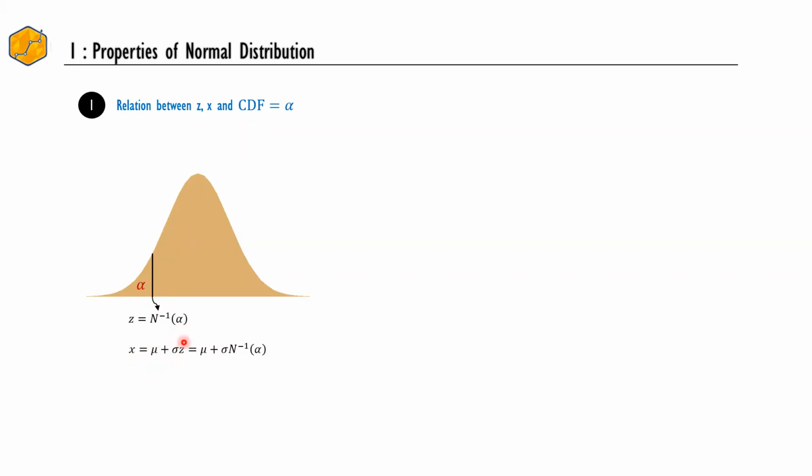This is very easy. Z is standard normal. X is that original normal distribution, which has mu and sigma. The mean of Z is 0 and the variance is 1. So X is mu plus sigma Z. You just plug in Z here, N inverse alpha. That's all. Okay, this is the relation that links X and alpha.